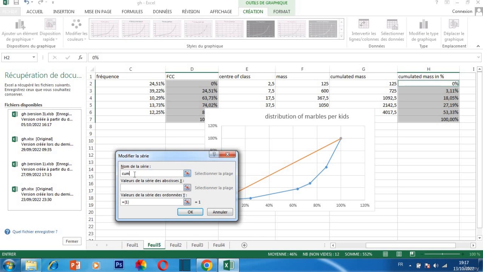Accumulated, we're gonna call accumulated marbles.